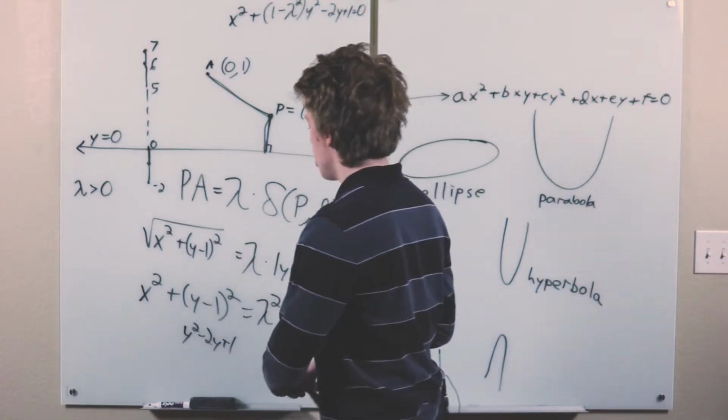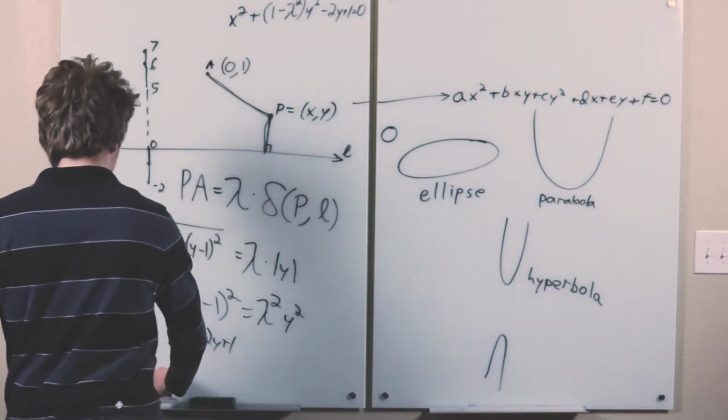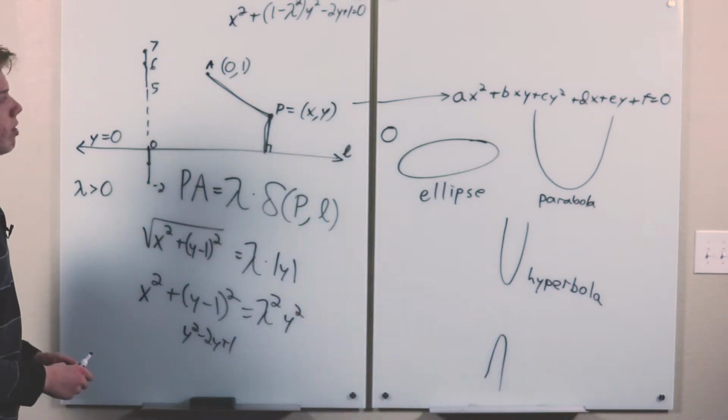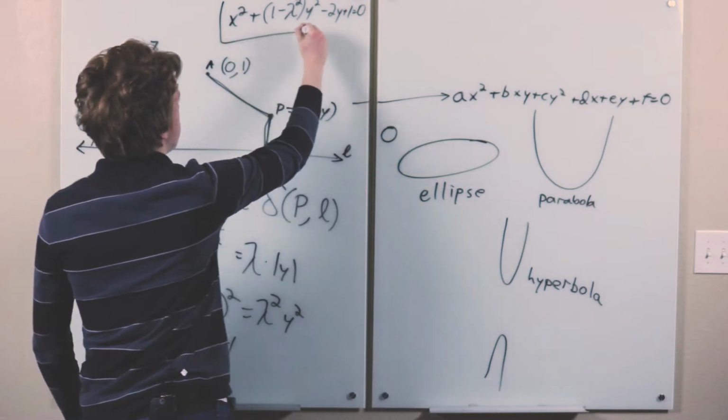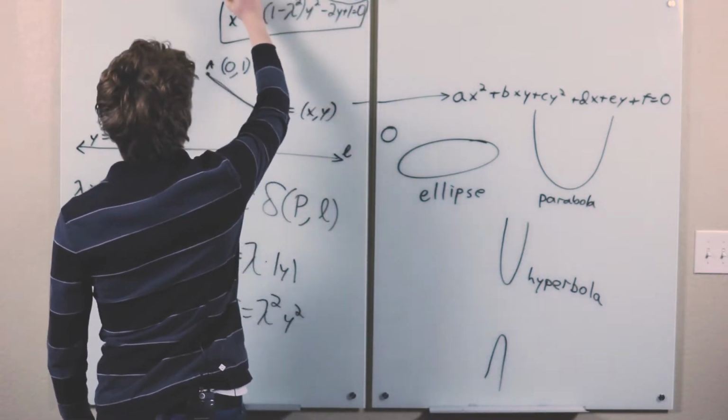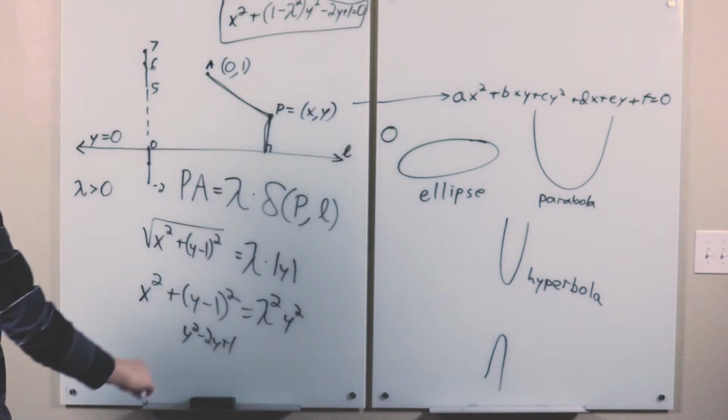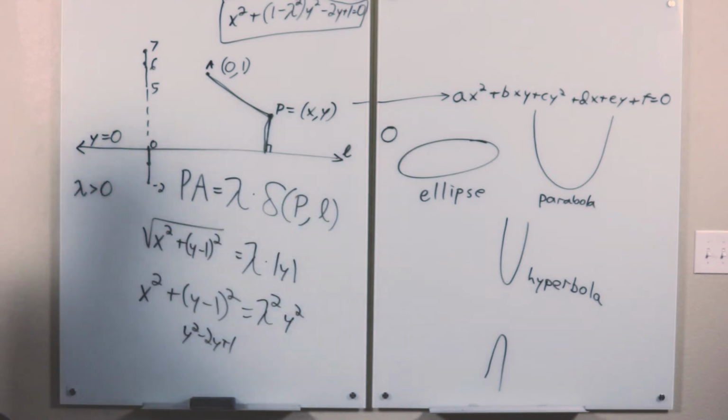So let's continue our discussion of conic sections. Last time we arrived at this equation, x squared plus (1 minus lambda squared) y squared minus 2y plus 1 equals 0, for this conic section.